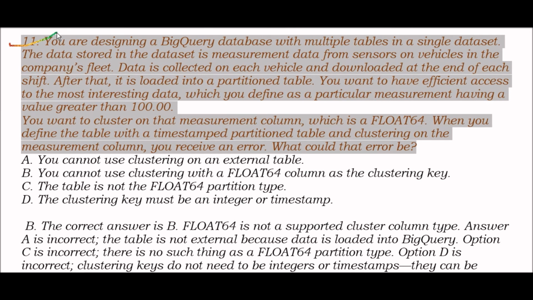You want to have efficient access to the most interesting data, which you define as a particular measurement having a value greater than 10,000. You want to cluster on that measurement column, which is a FLOAT64. When you define the table with a timestamp partition and clustering on the measurement column, you receive an error. What could that error be?